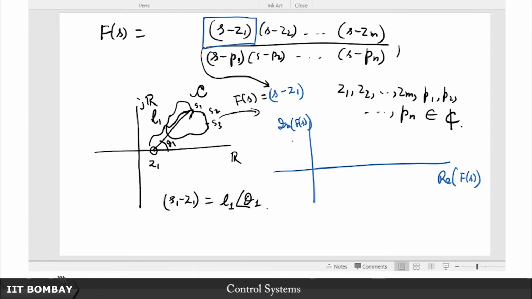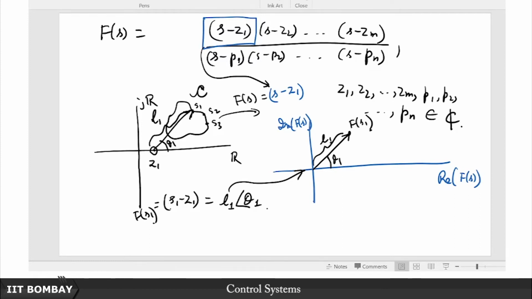So if I now want to map this point here, what do I do? Well, I just measure off this angle theta 1, take this length L1 and map it here. I draw this phasor of length L1 at an angle theta 1, and this is going to be my point f of S1, because remember this is nothing but f of S1.